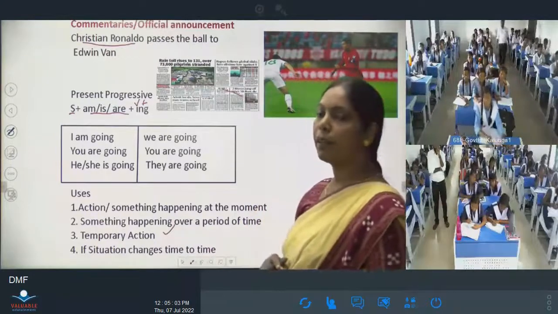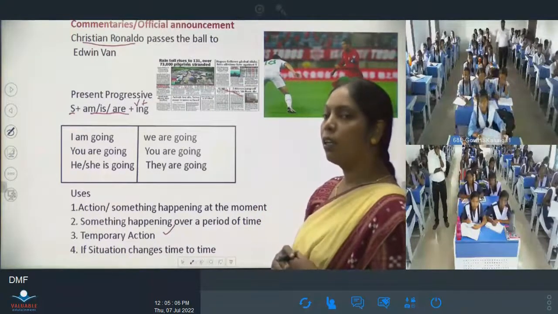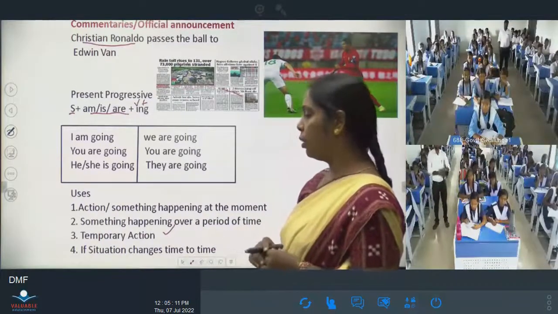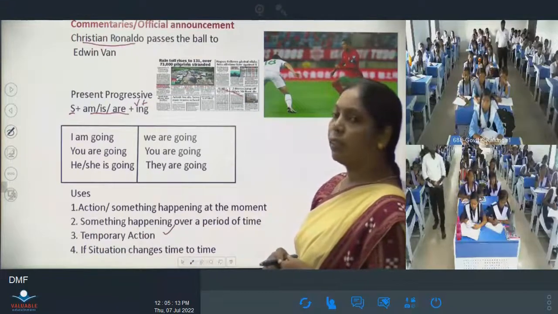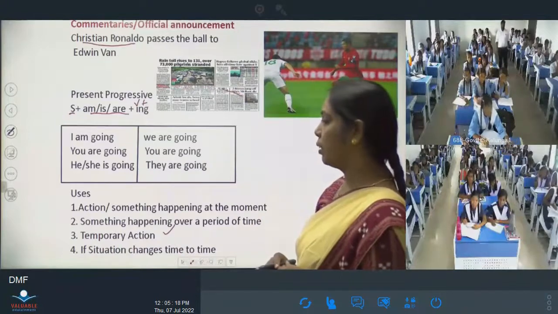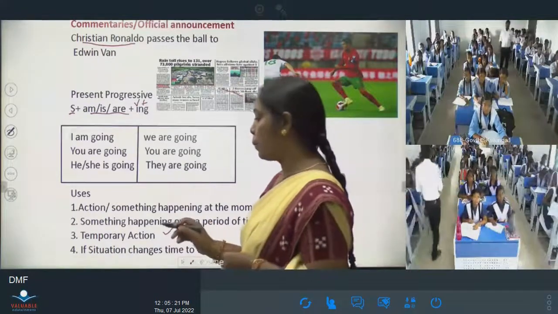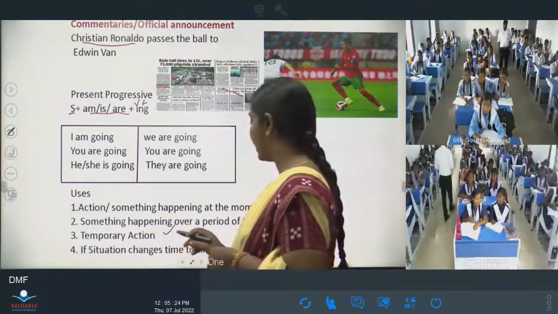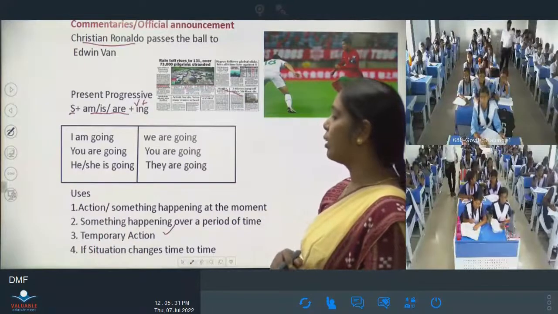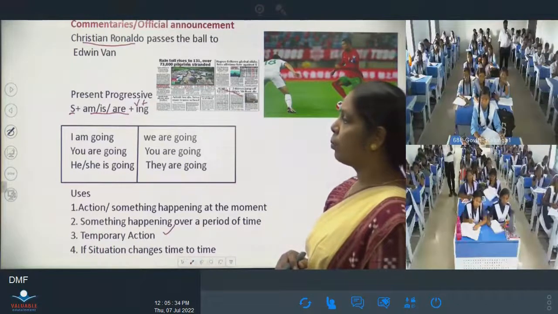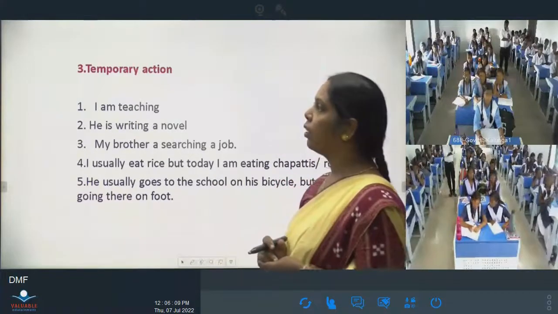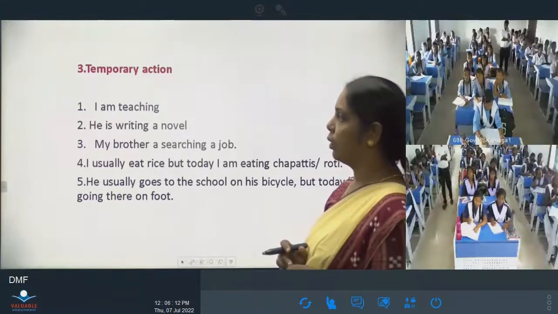So in that case we use present progressive tense. Then if the situation changes from time to time, in that case we use present progressive. So now we will see some examples regarding present progressive tense.